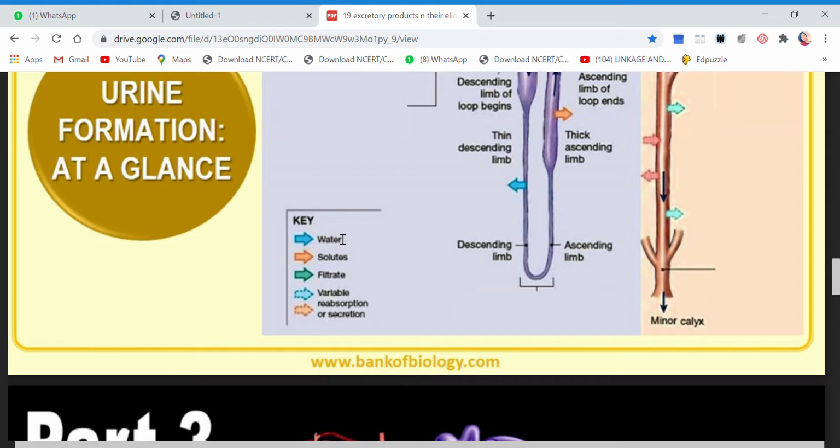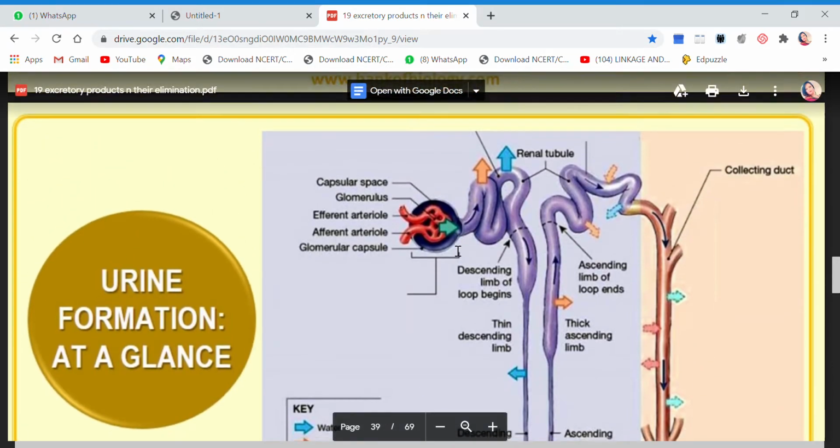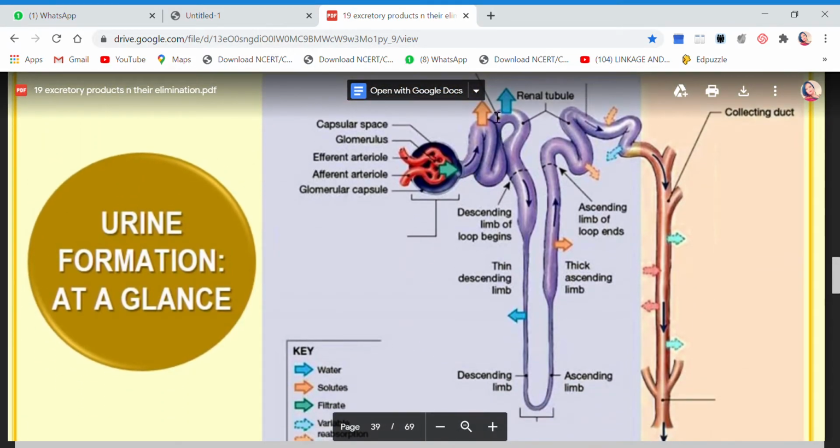The blue arrow represents water, this one represents the solutes, then filtrate, and then variable reabsorption. Variable reabsorption means it depends, the amount can vary, and this represents the secretion. So you can make out from here the various things that are getting reabsorbed.